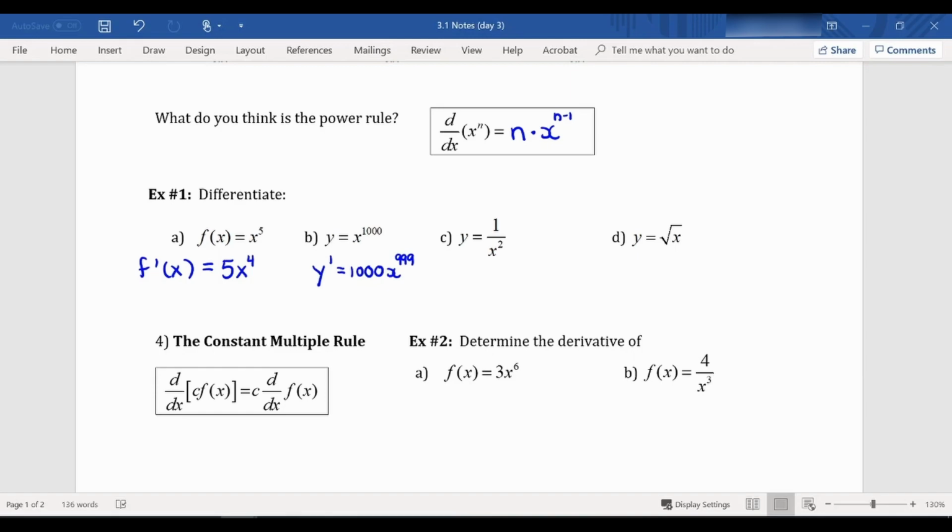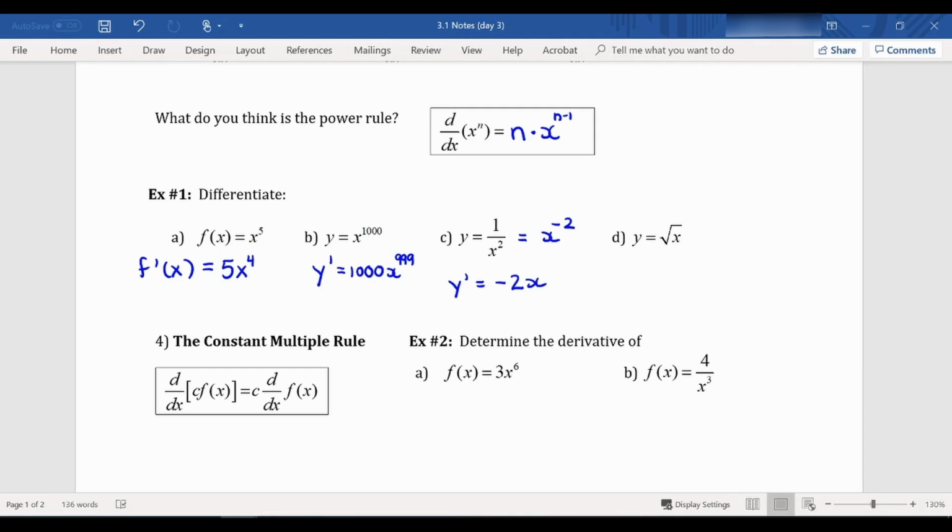I would suggest rewriting this as x to the power of negative 2. Then when we find y prime and we bring the exponent down, we get negative 2 in front with an x, and then we have to reduce our exponent by 1.